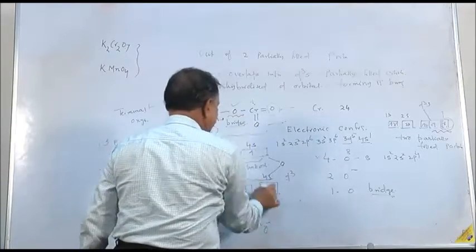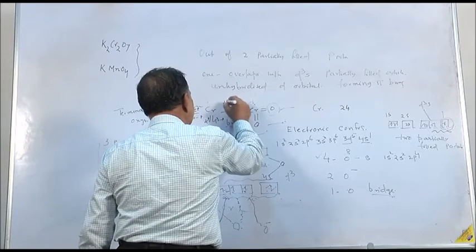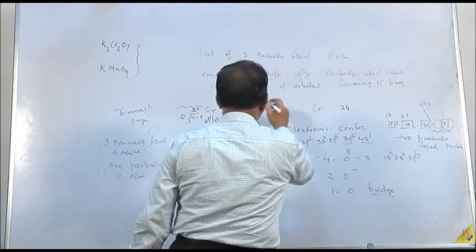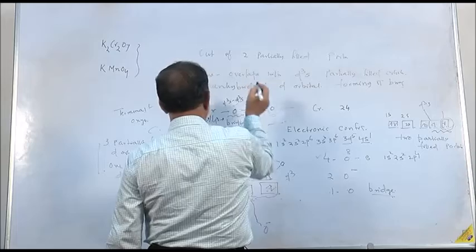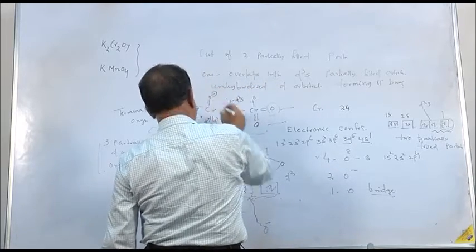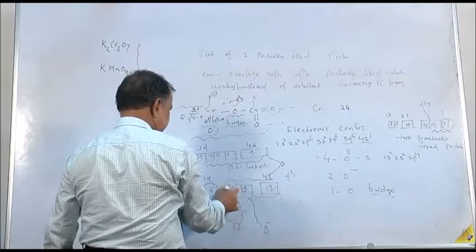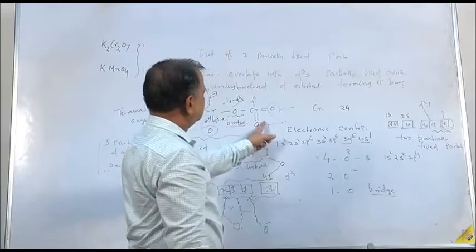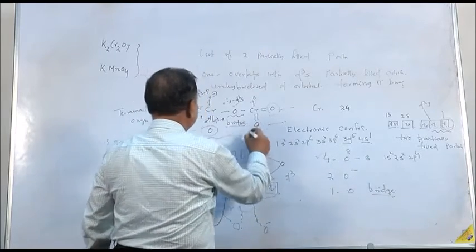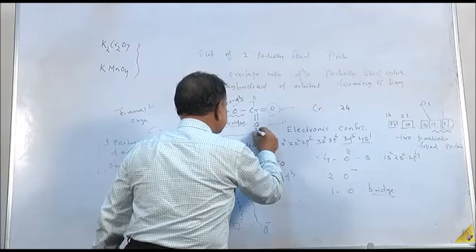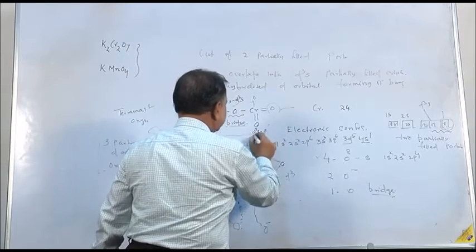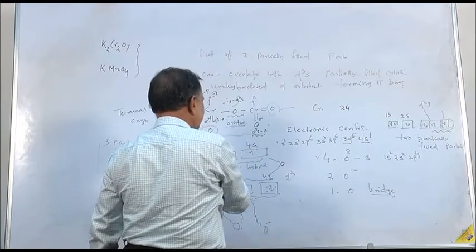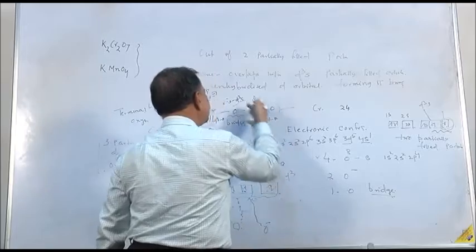The bridging oxygen is d3s with d3s. The same as here, this O minus is combined with d3s with p, and another pi bond is formed with the d orbital, dp, in the same manner.